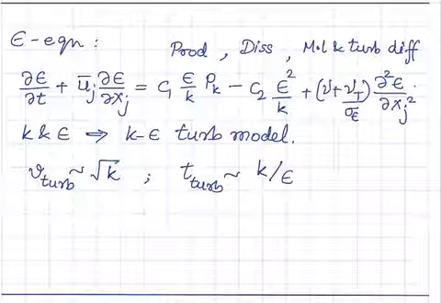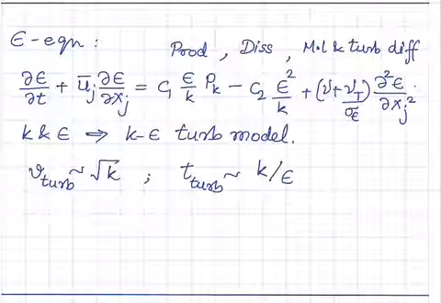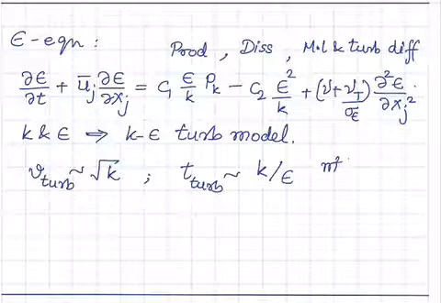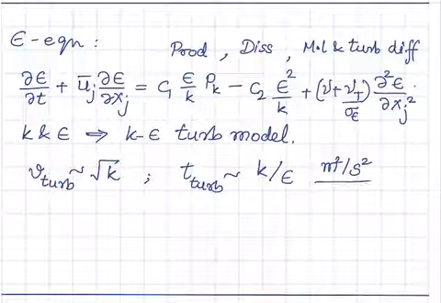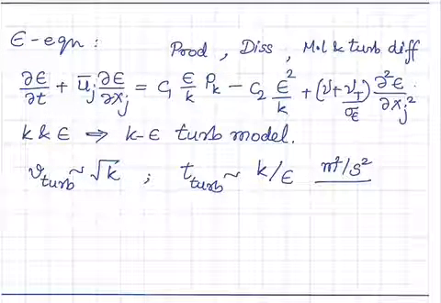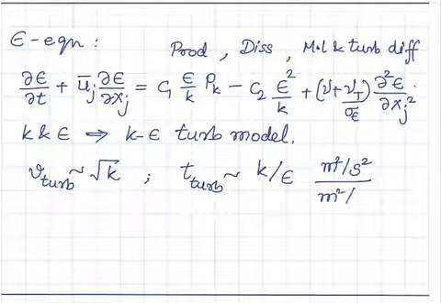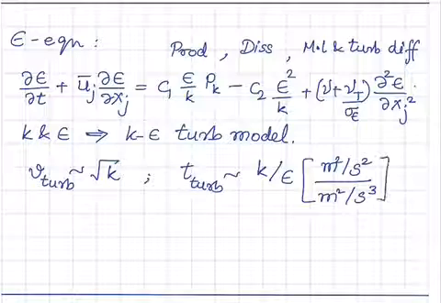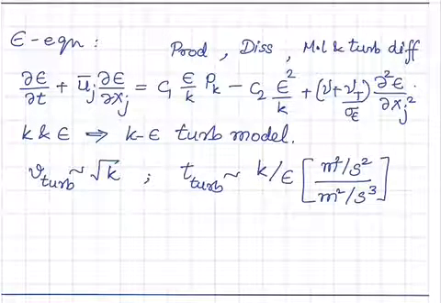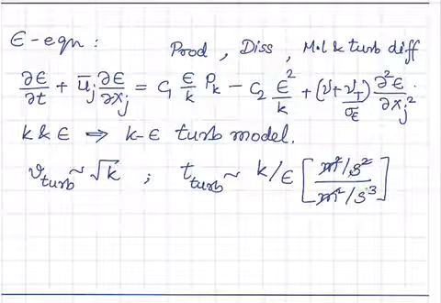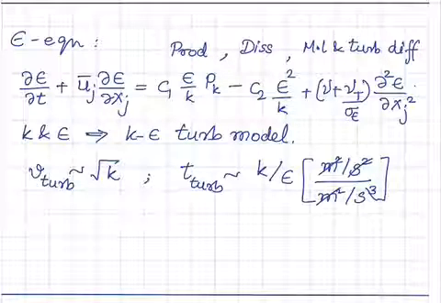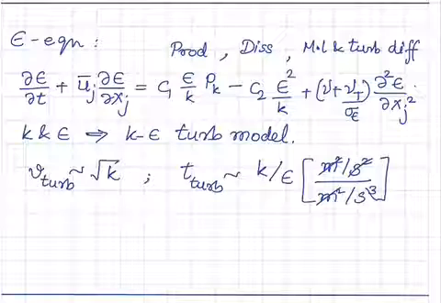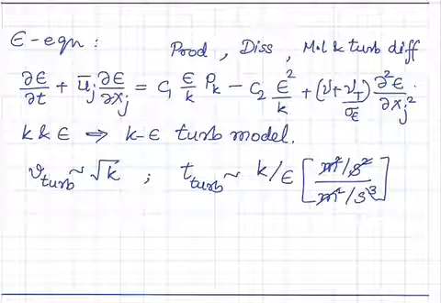Now, if you work out the units of k, which happens to be velocity squared, it's meter squared per second squared, and the units of epsilon are meter squared per second cubed. Essentially some of these would cancel, and you would get second, a unit of time, by doing this.